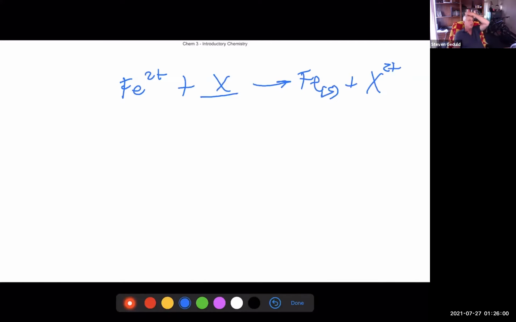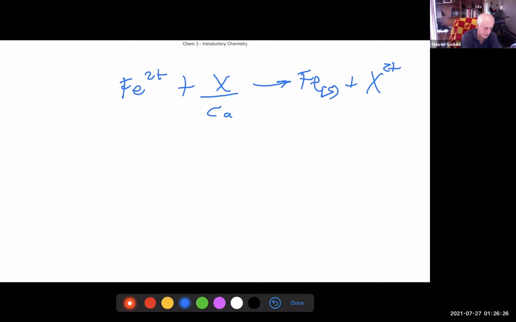So if we put in calcium for X, we look at the activity series and we see calcium is above iron, so you'll get a reaction.